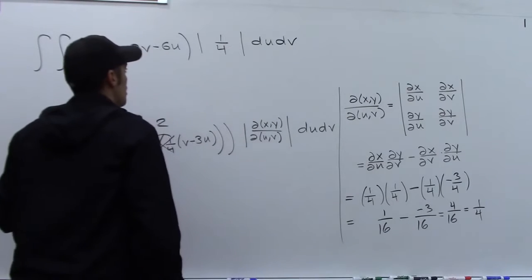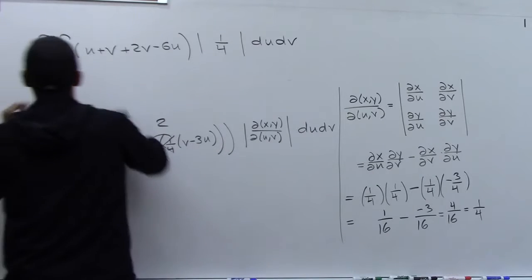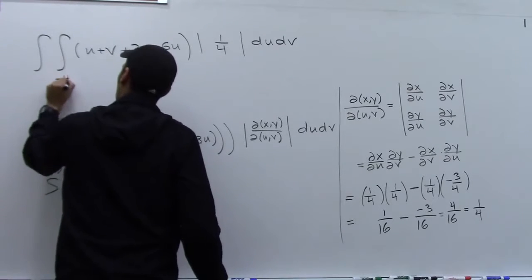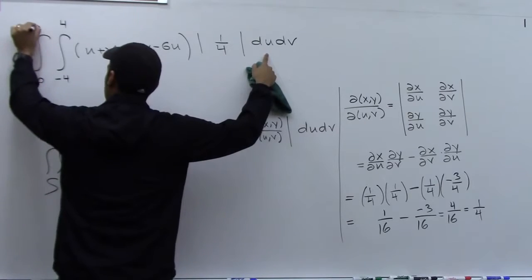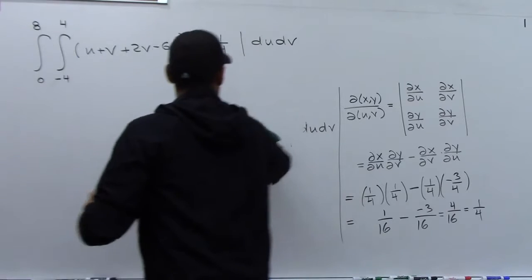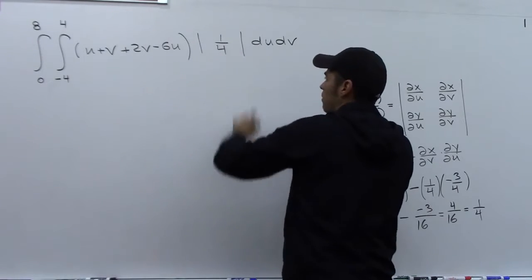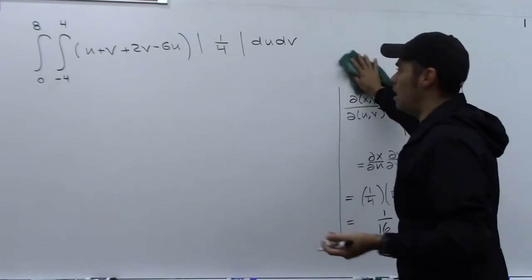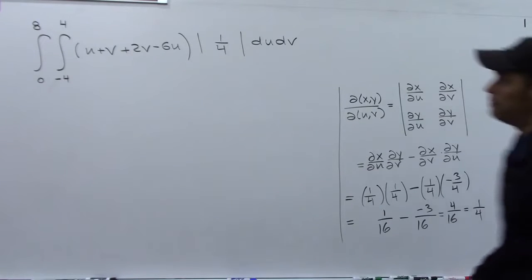The restrictions on u were between -4 and 4, and the restrictions on v were from 0 to 8. So the magnitude of the Jacobian determinant is just 1/4. That turned out to be a constant. It's not always going to be a constant. So I could pull that 1/4 out, which I'll do.